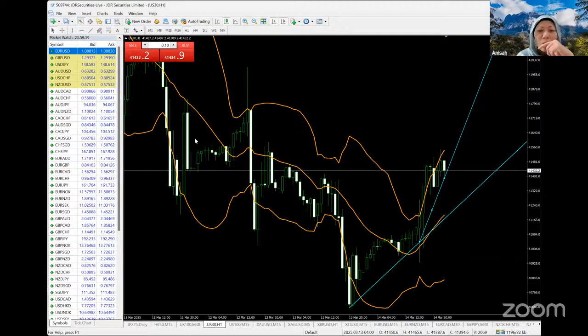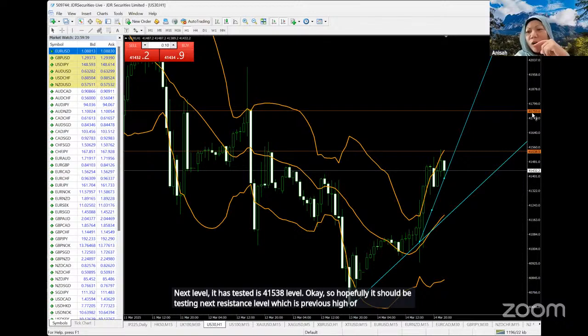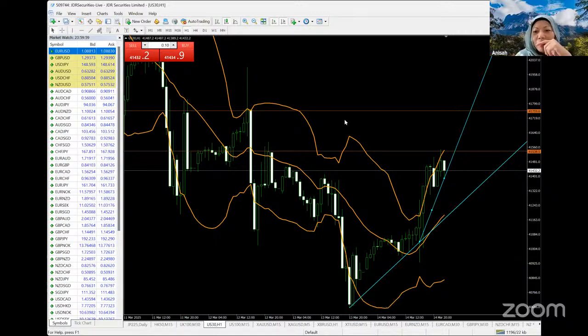Next, it has tested this 41,538 level. Healthily, it should be testing the next resistance level, which is the previous high of 41,759.6. So that's the level I'm looking at.